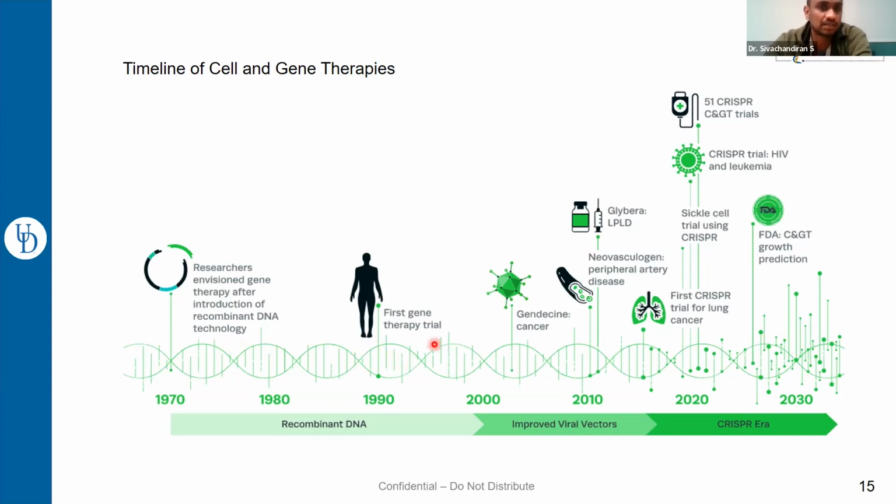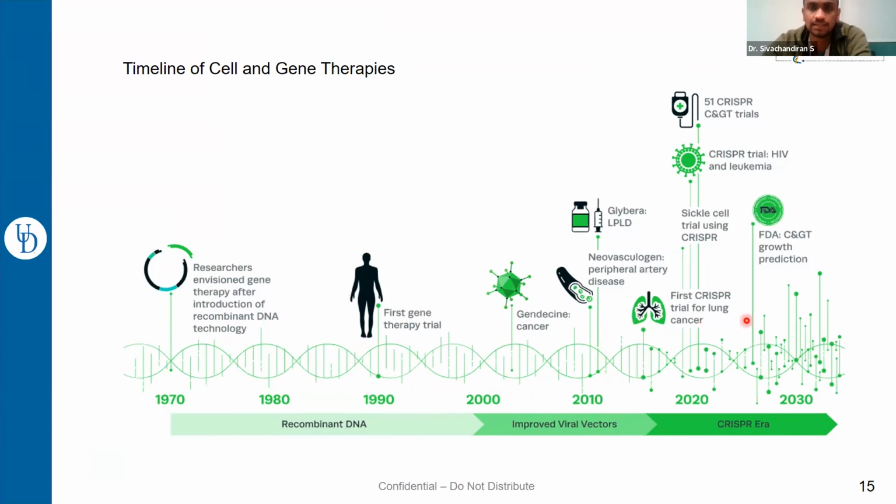The first gene therapy trial started in 1990, and they used different methods to engineer the genome in a cell. Once we found CRISPR around 2012, it essentially acts as a catcher. It catches any part of our gene in the genome, or any segment even.